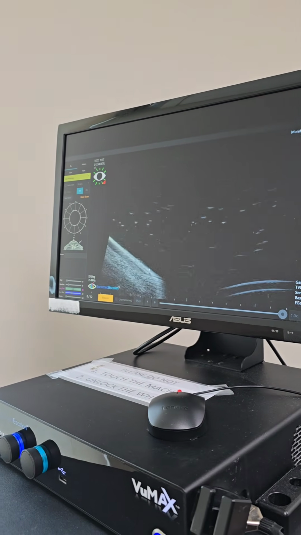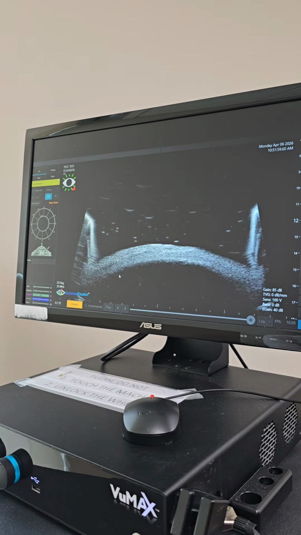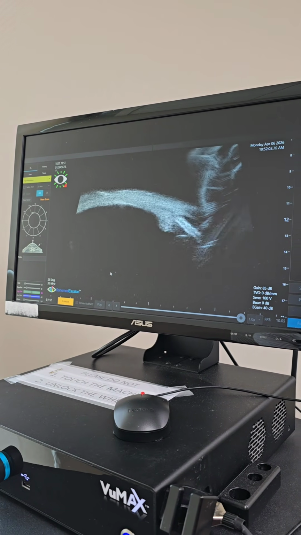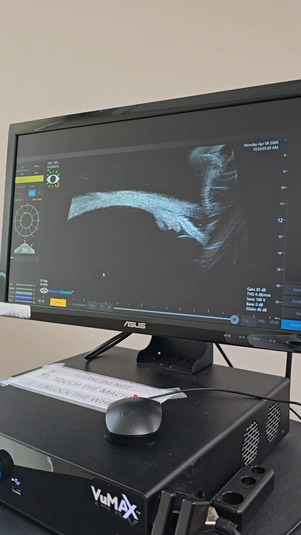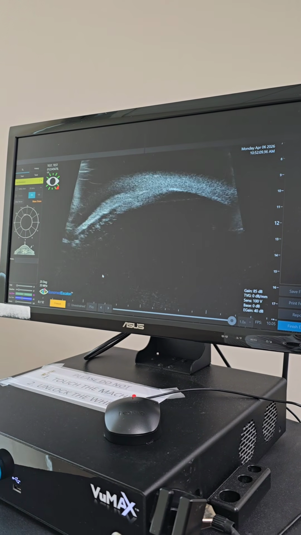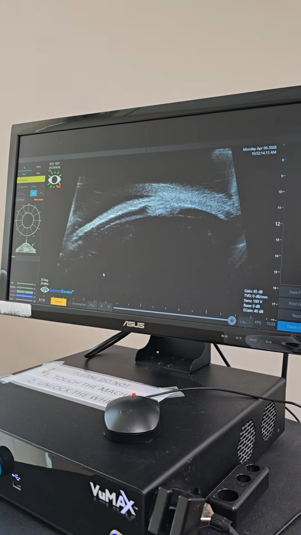Look to the right, please. Look to the right. See the angle. Look to the left. Look down.